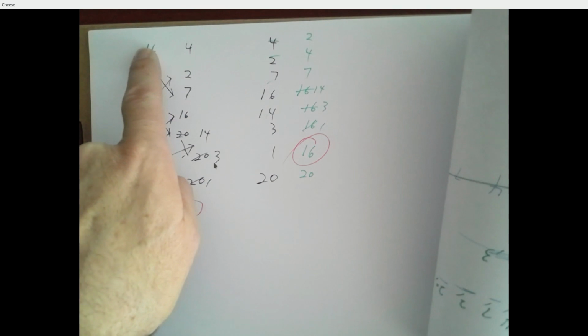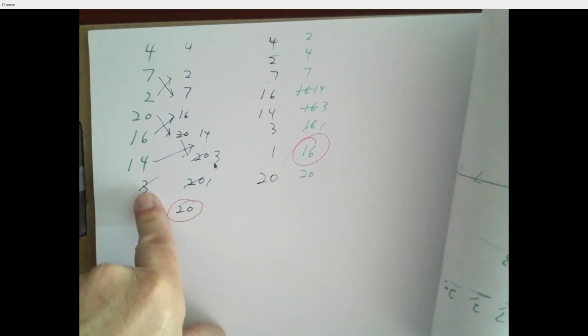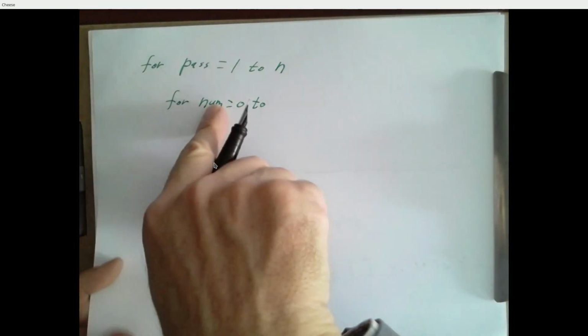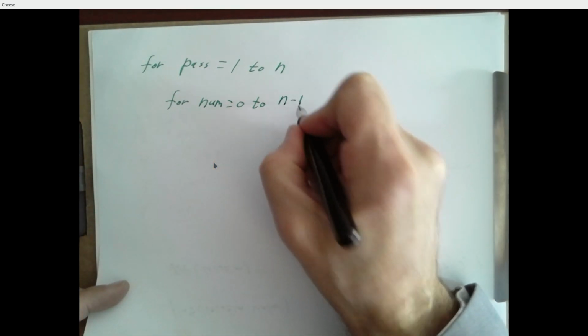So we want to start with number 0. If you have 8 numbers, we only want to go up through number 7, because we're comparing each number to the number after it. All right, we're going to compare entry num to entry num plus 1. So this actually wants to go to n minus 1.